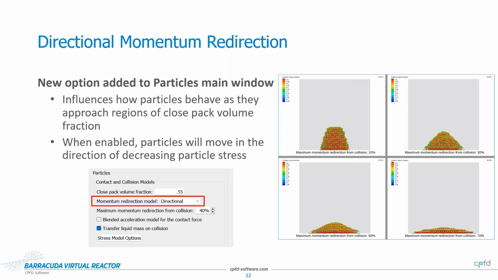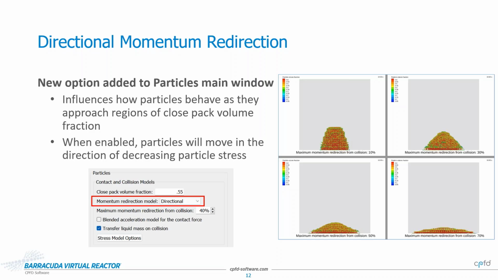What we're seeing here on the right-hand side are several piles of sand, where we started the pile of sand at close pack in the middle, and then observed what angle of repose it would form over time. If you vary the parameter called maximum momentum redirection from collision, which can go anywhere from 0% to 100%, we found that it corresponds quite well to the angle of repose. 40% is generally a pretty good value for typical sand-like materials.